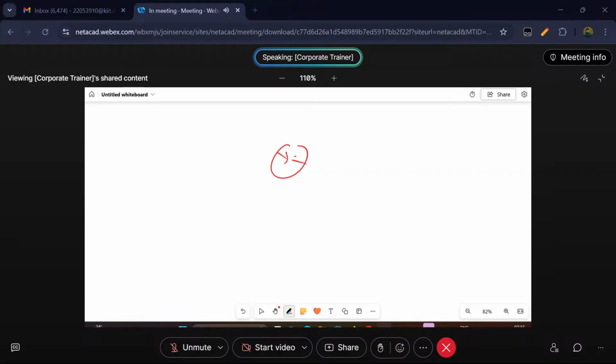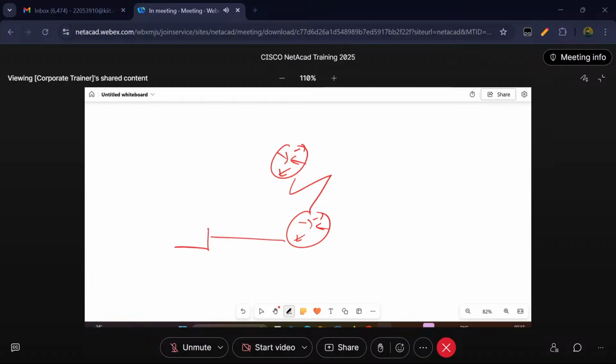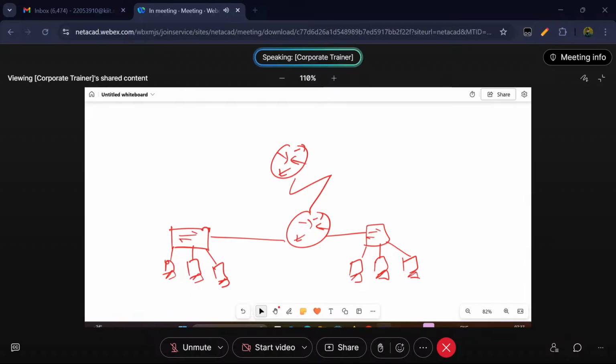Suppose we have a router one. There is another router here, and let some devices be connected to a switch. So we have one switch here, switches were connected.